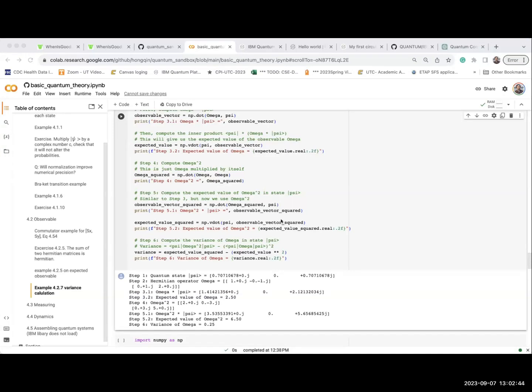Yeah, so this is basically using the same formula.